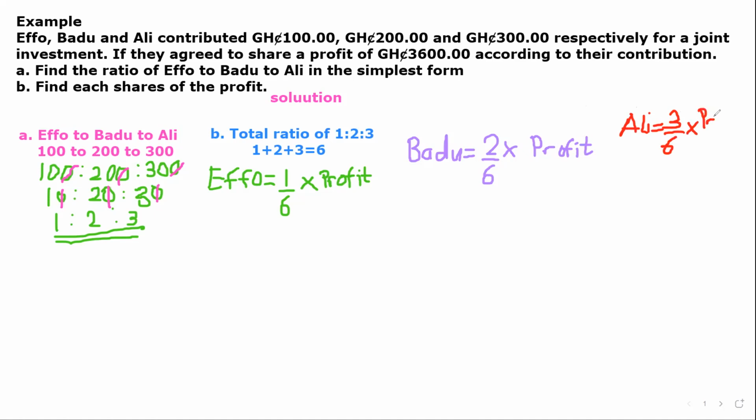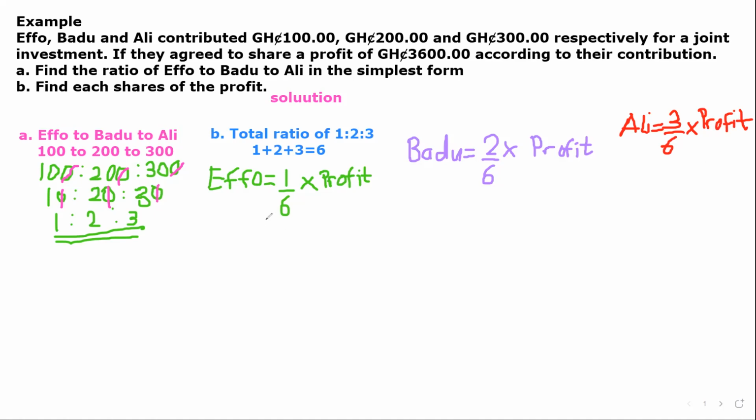Okay. Now we are going to take them one after the other. So you are calculating for each share here.